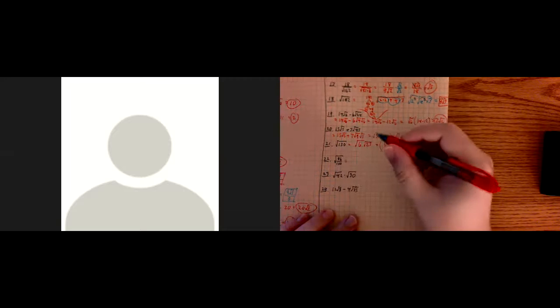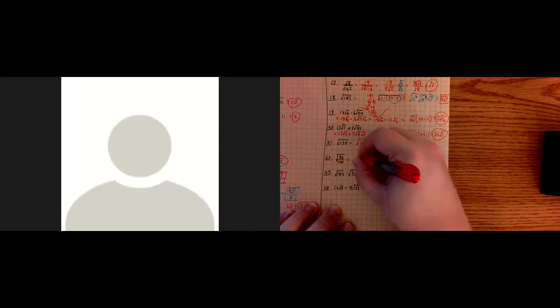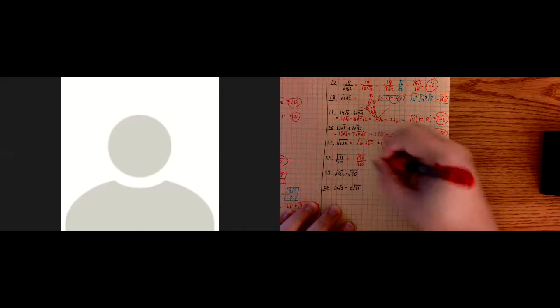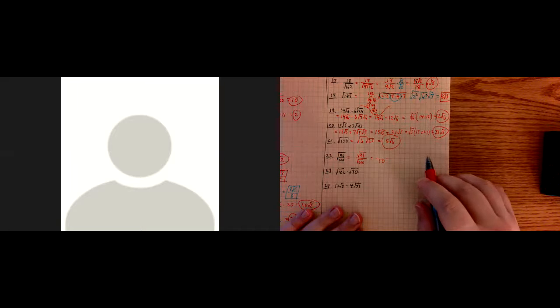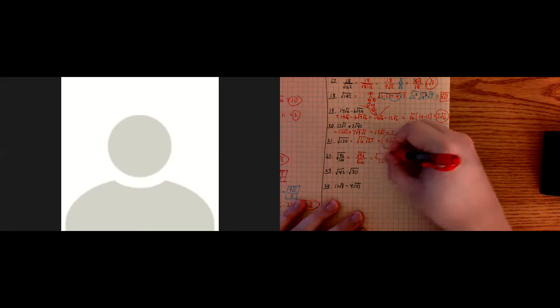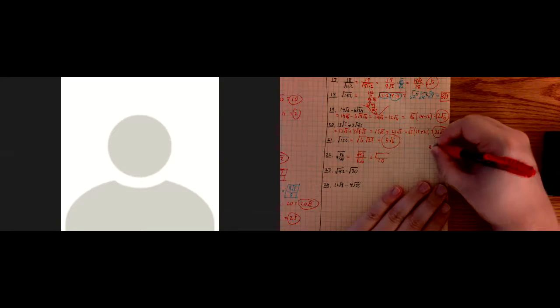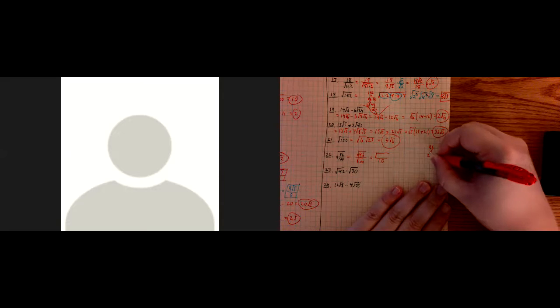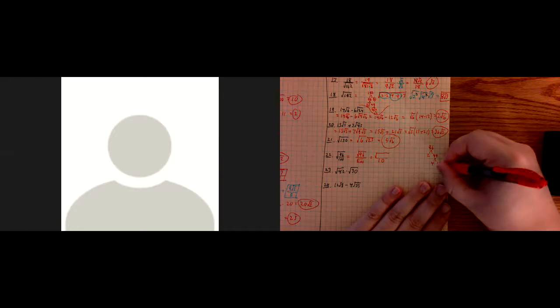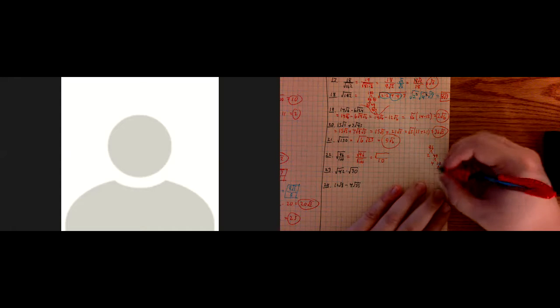On this one, I'm going to break this into 2. Square root of 96 on top. Square root of 100 on bottom. Square root of 100 is, of course, 10. Square root of 96, the factor tree over here. 96. This is 2 and 48. 48 is 4 and 12. 12 is 4 and 3.